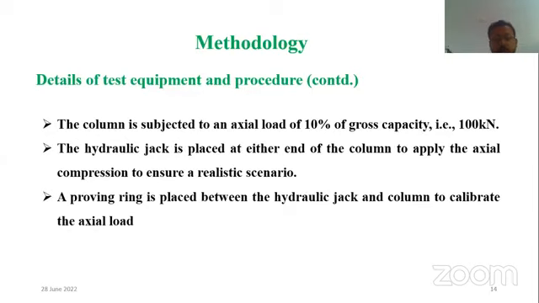Therefore, to simulate the realistic scenario in the laboratory, we have applied the 10% axial load on the column. Next, the hydraulic jack is placed on the column to apply the load, and to measure the load, we have also used the proving ring. Through the proving ring, we have measured the axial load, that is 100 kilonewton.